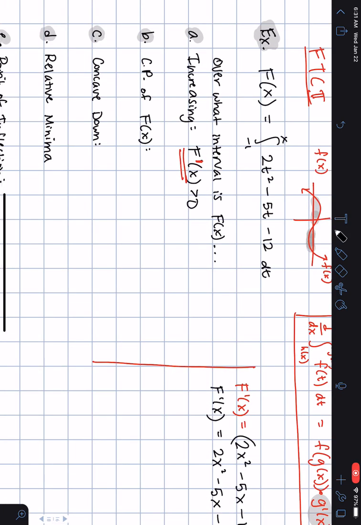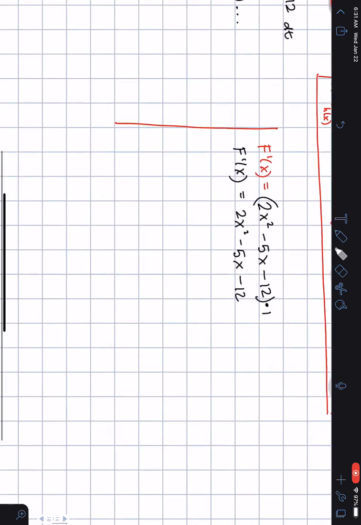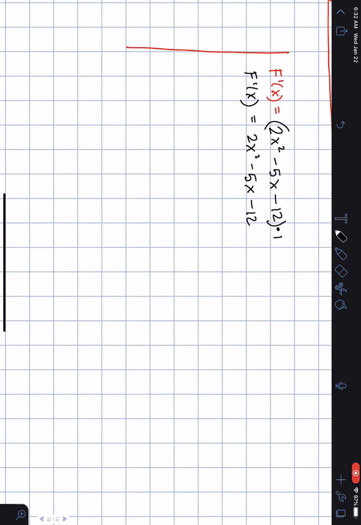All right, and I want to see where that is positive. Well, how do I always determine if something is positive or negative? Number line. We'll use the number line. So let us go ahead and magic X. Go ahead and do it yourself. I'm looking for two numbers that multiply to, don't forget the number in front, negative 24, but add to negative 5. 8 and 3, watch your signs.